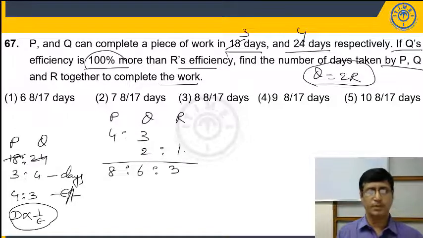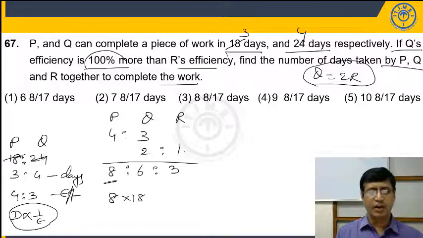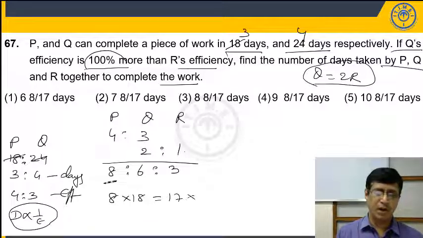8:6:3 is the ratio. And all together can complete the work in how many days? It's very simple. So P can finish the whole work in 18 days, with efficiency 8. Of course, 8K, 6K and 3K. All together means 8 plus 6 plus 3, it is 17K, is equal to how many days?